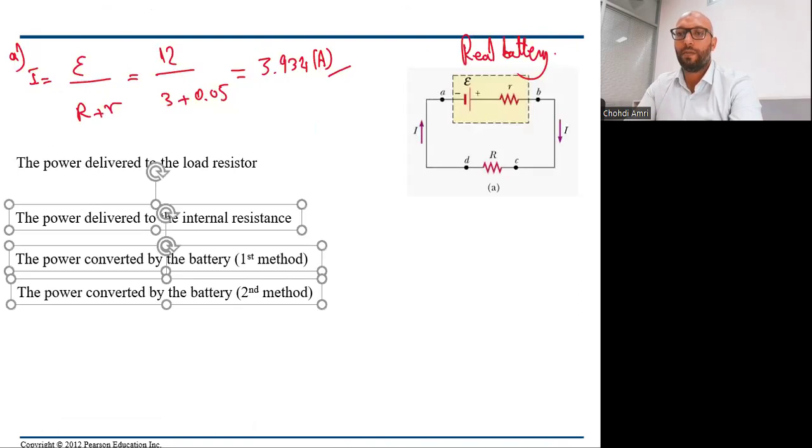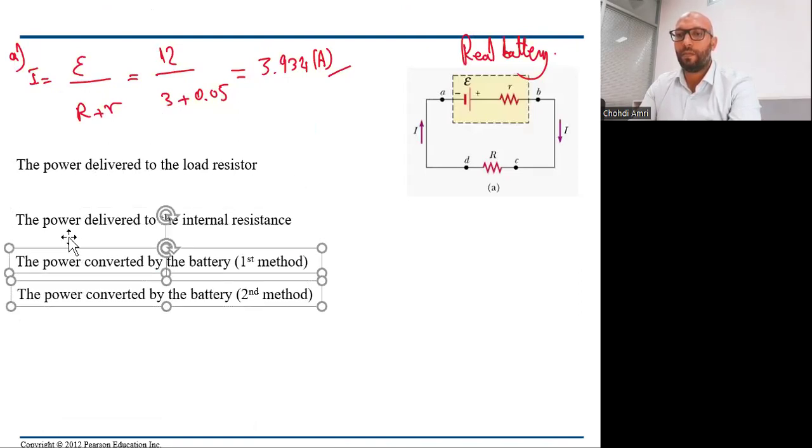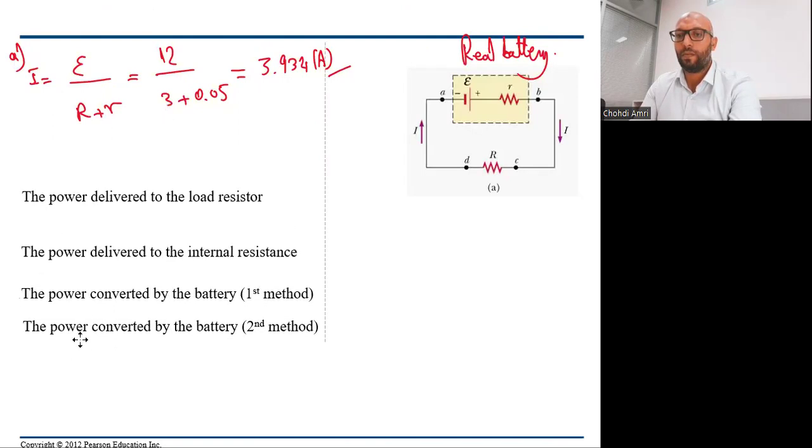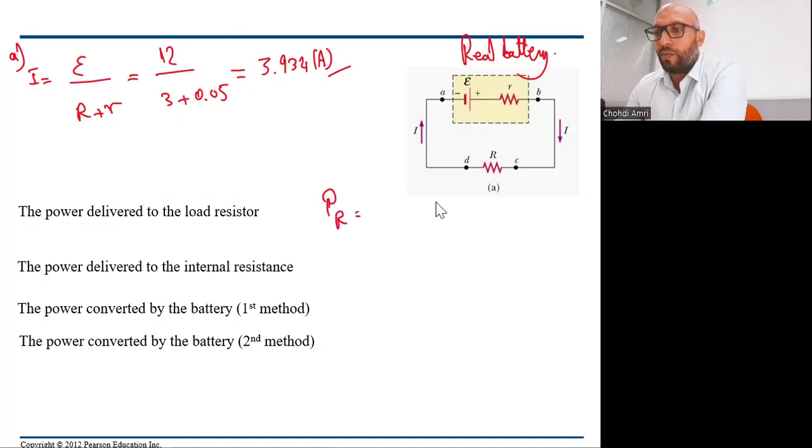What do we have? Good. Power delivered to the load resistor. That means I squared multiplied by capital R. So it will be the current 3.934 power 2 and the external resistance is 3.